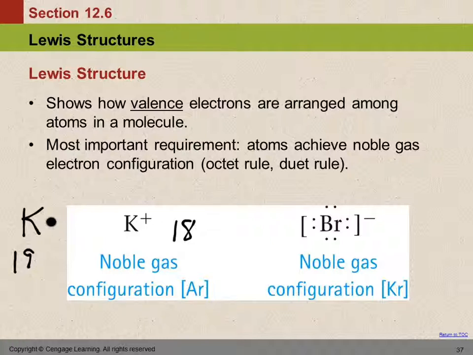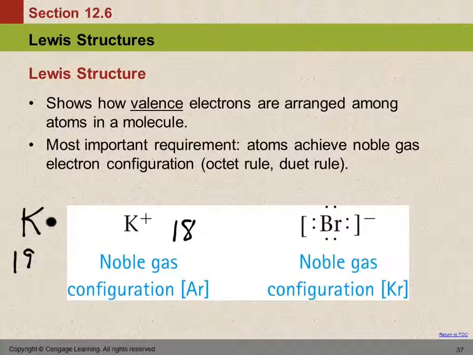And looking at total number of electrons, we can see that by losing an electron, the potassium ion now has the same number of electrons as the noble gas argon. So it looks like one of the cool kids, and that's what it's trying to do.